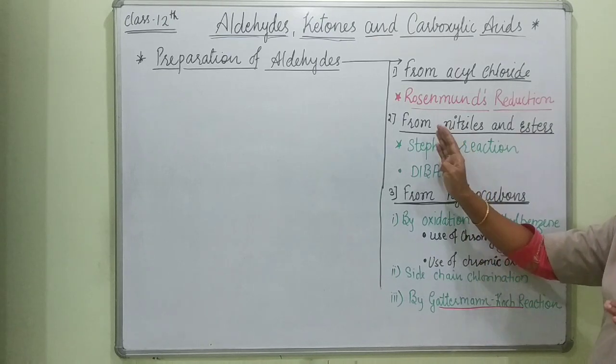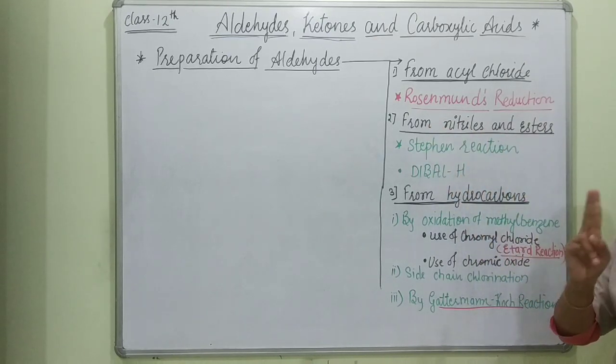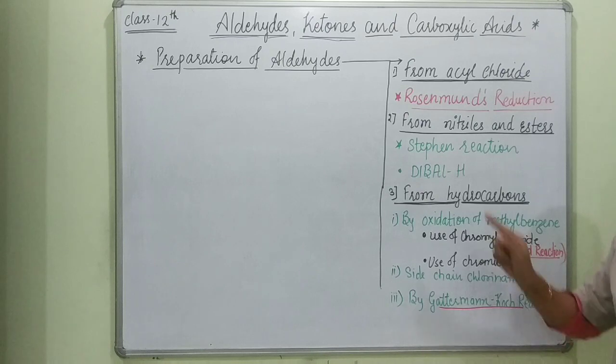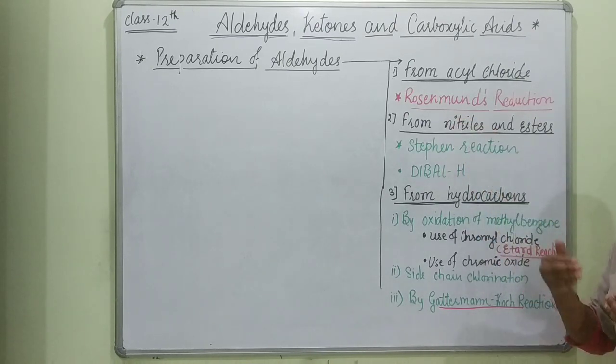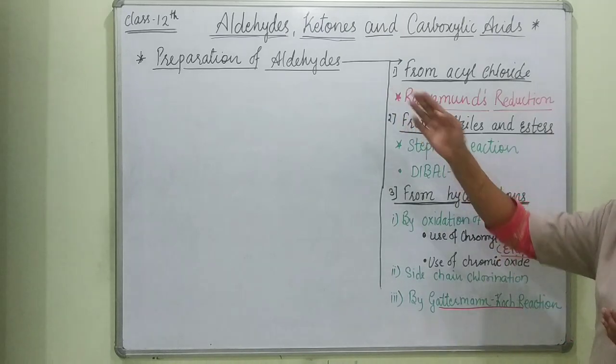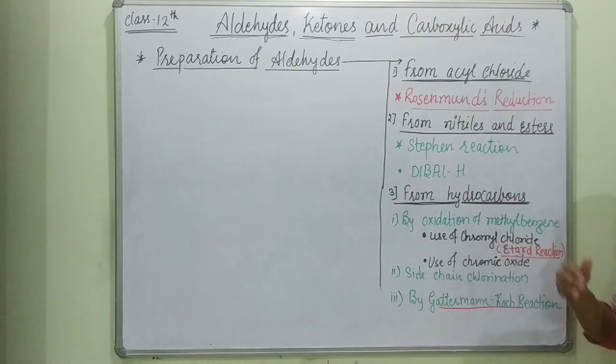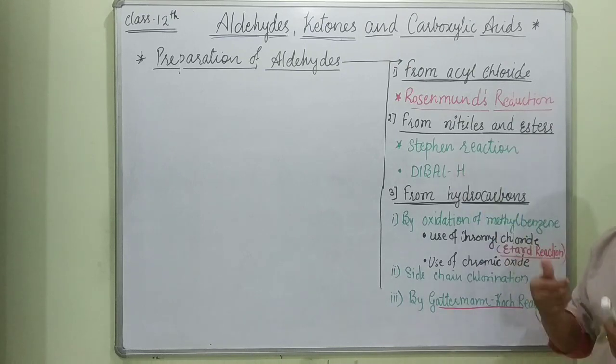Now in the second one, that is from nitriles, we will be studying two main reductions: how nitriles will reduce to aldehydes, and at the same time how esters will reduce to aldehydes. One of the reactions is also known as the Stephen reaction.